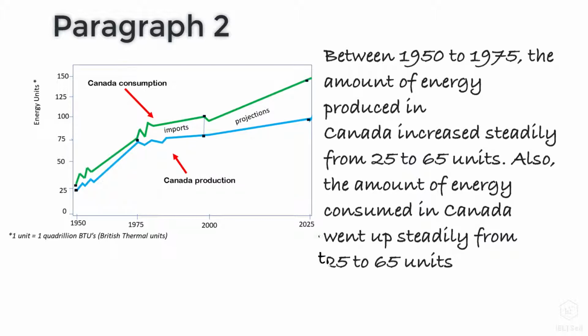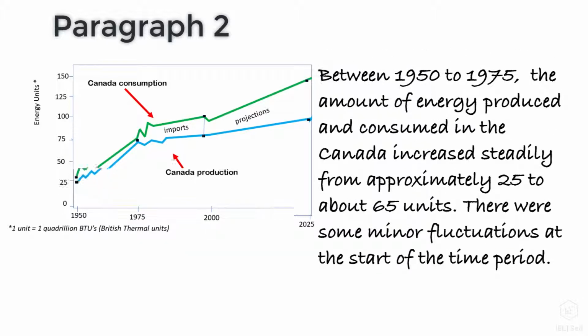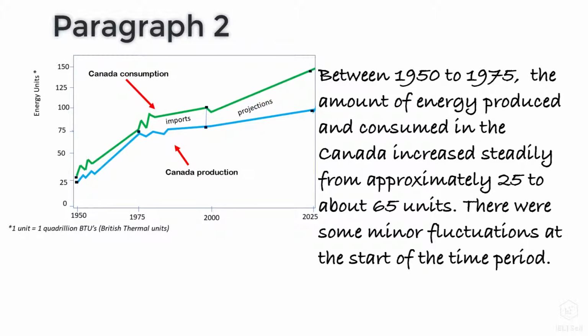I think we can make this better. Between 1950 to 1975, the amount of energy produced and consumed in Canada increased steadily from approximately 25 to about 65 units. There were some minor fluctuations at the start of the time period.